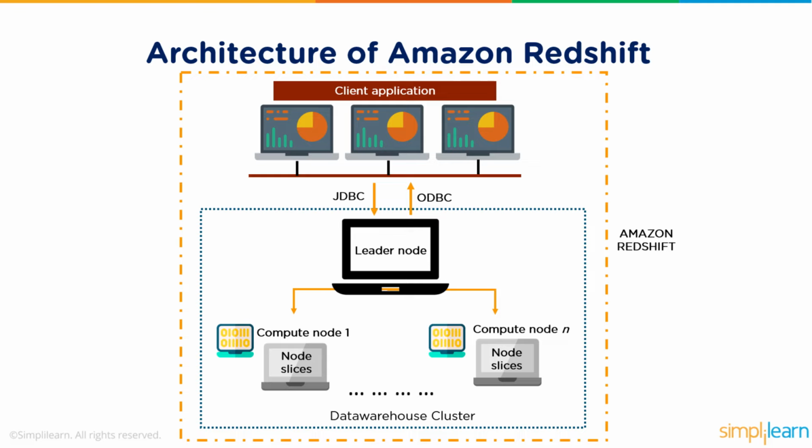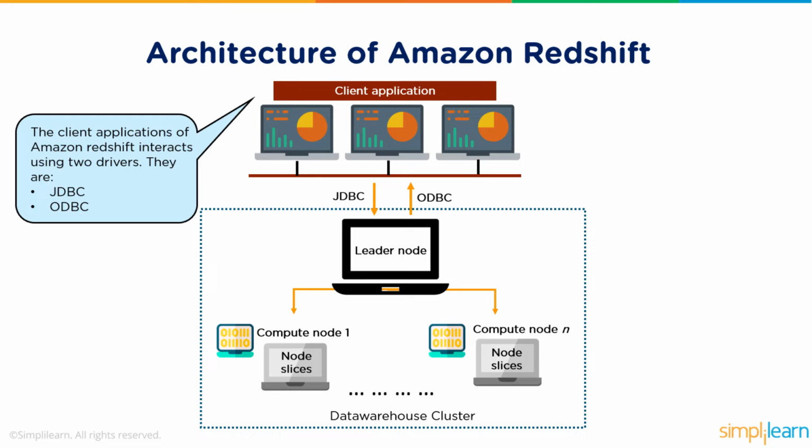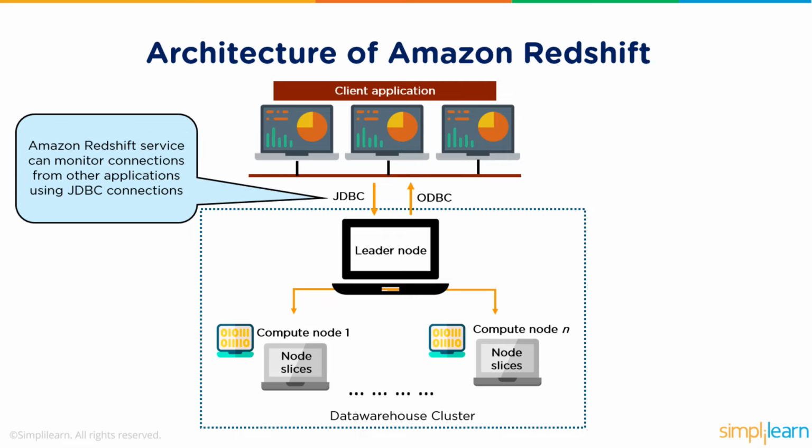So let's understand the components of Redshift. The client application of Amazon Redshift interacts with the leader node using JDBC or ODBC. What is JDBC? It's Java Database Connectivity, and ODBC stands for Open Database Connectivity. The Amazon Redshift service, using a JDBC connector, can monitor the connections from the other client applications.